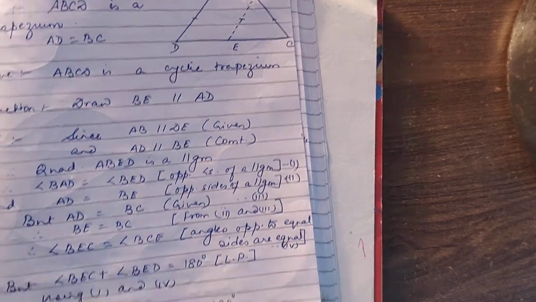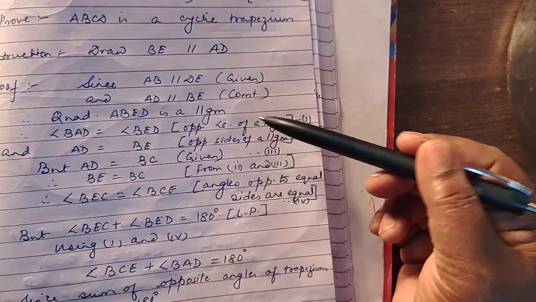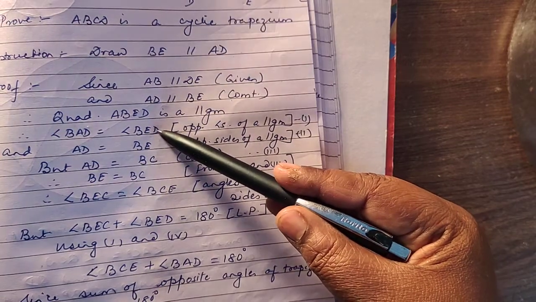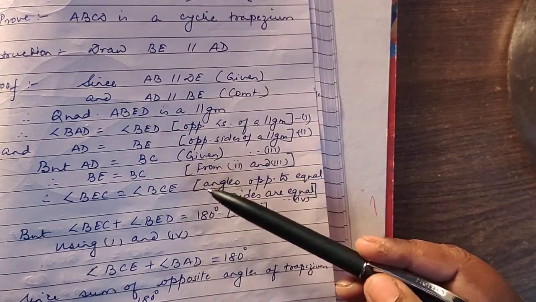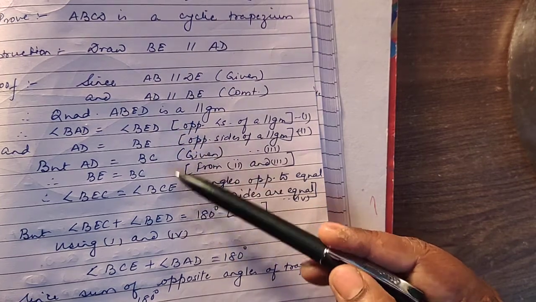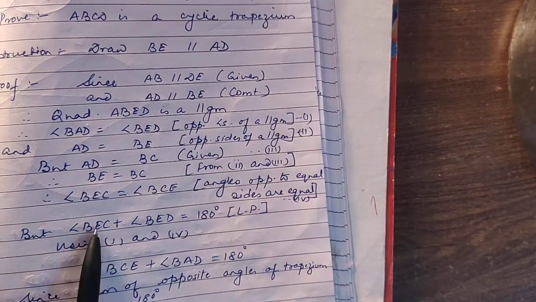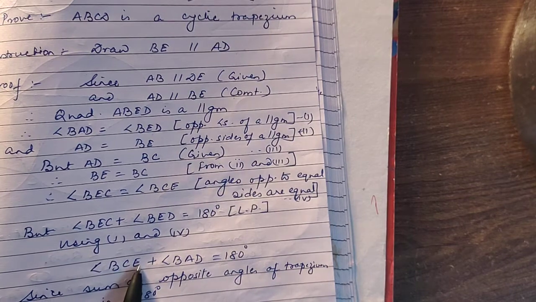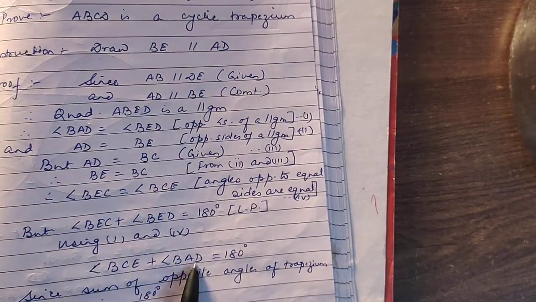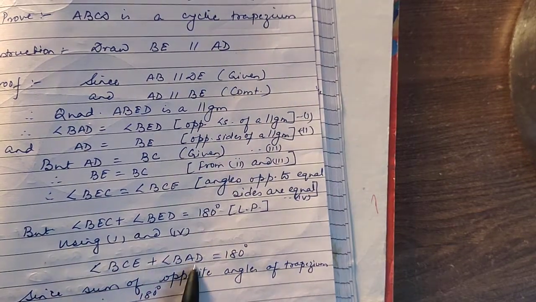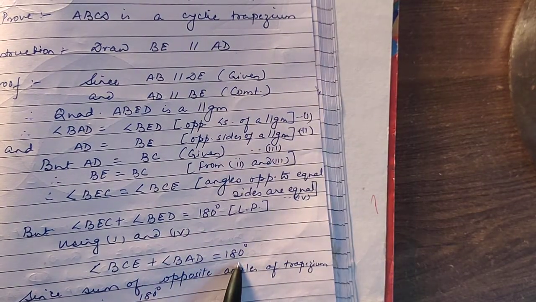Now angle BAD equals angle BED and angle BEC equals angle BCE. So we will use these two values here. In place of BEC, we can write BCE, and in place of BED, we can write angle BAD. So angle BCE plus angle BAD equals 180 degrees.